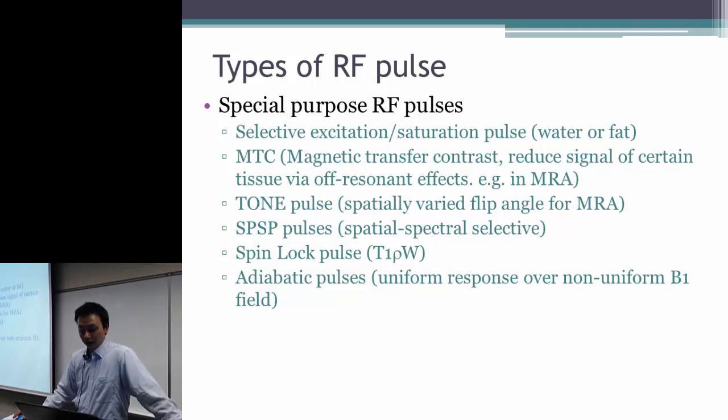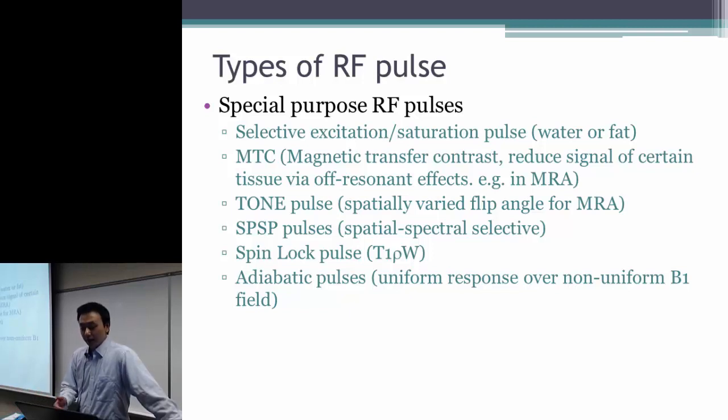And there is also a spin lock pulse. It can give you another type of relaxation parameter called T1 rho, which is a little bit different from T1. And there are also more complicated adiabatic pulses.